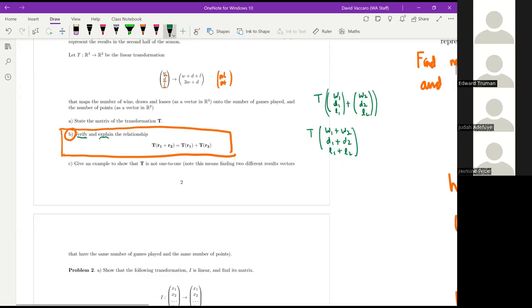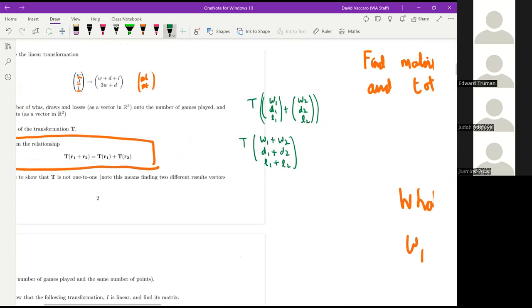And that converts the results matrix into the played matrix, which is W1 + W2 + D1 + D2 + L1 + L2.